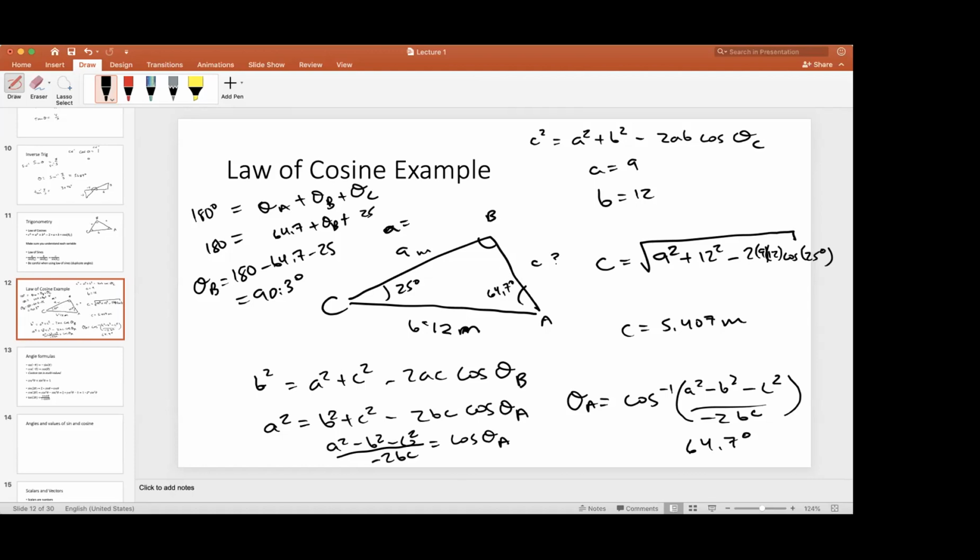What is A, what is B, what is C? Each time it changes based on what angle you're trying to find, right? Because C and angle C change to A or B. And then using the idea of 180 degrees as the sum of all interior angles, you find a third angle. But this math is actually pretty easy.